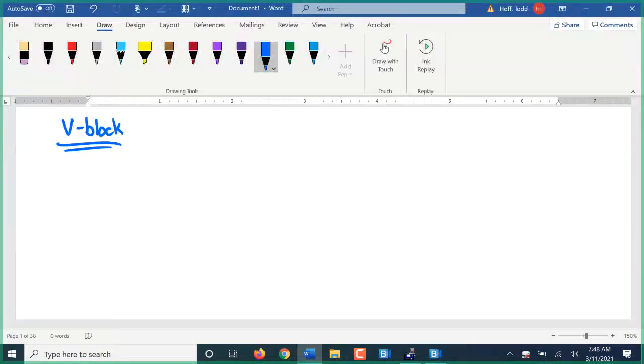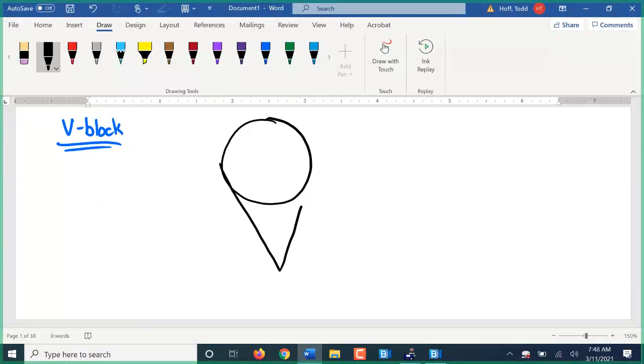A huge application, a very common application that comes up often, is a V-block. Let me make this a little more user-friendly. That's a little bit better. It's a little off-center, but pretend that my V is symmetrical there.